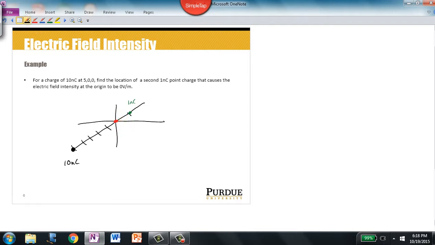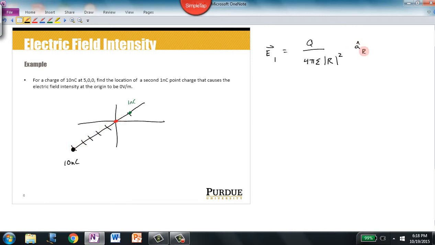So quantitatively, what we want to do is write the equation for the electric field at the origin due to this 10 nanocoulomb charge, and that is equal to Q over 4 pi epsilon 0, magnitude of the radial distance to where we measure the electric field intensity, squared, and the vector points radially.